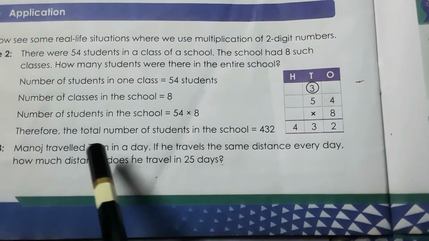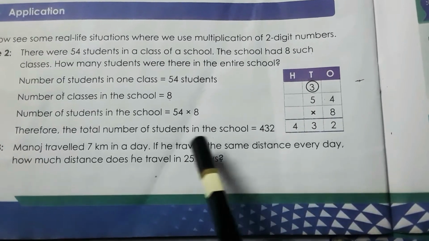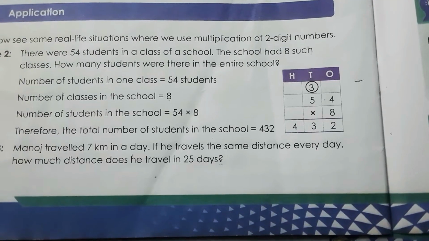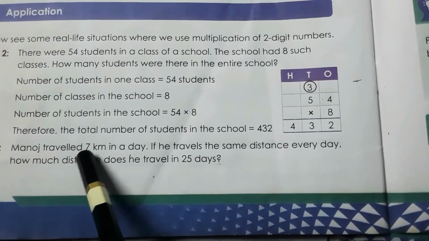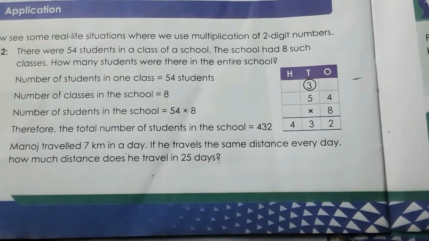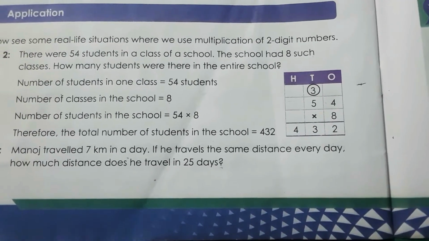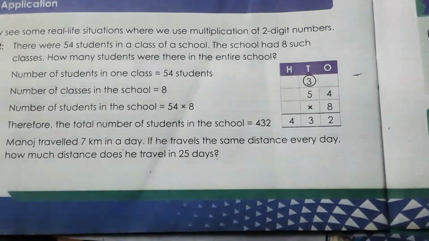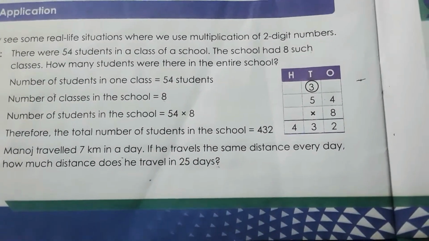So, 7 plus 7 plus 7 plus 7 plus up to 25 times we have to add 7 to get the answer, isn't it? So, instead of adding 7 repeatedly, we can multiply 7 with 25 to get the answer, isn't it? Yes. So, it's a word problem, so we have to write the steps and then we will multiply.